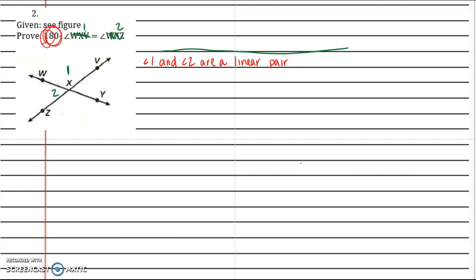You can abbreviate that LP if you want. And I would say the reason for that is if angles form a line, then linear pair.